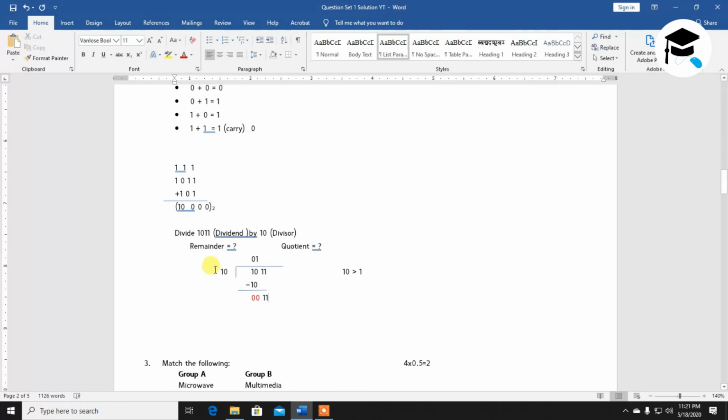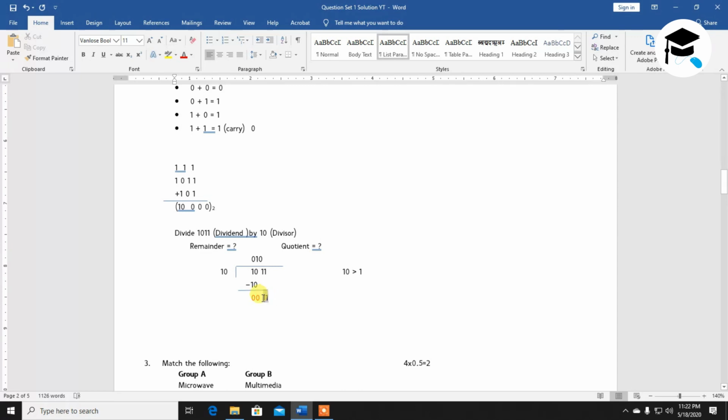Let's make it easy. Again 1, 0 is greater than 1. Either you see it as 0, 1 or 1, they both are pretty same thing. Here also 1, 0 is greater than 1. The case is similar. Whenever it's greater, you need to add 1, 0 here. 1, 0 needs to be added.